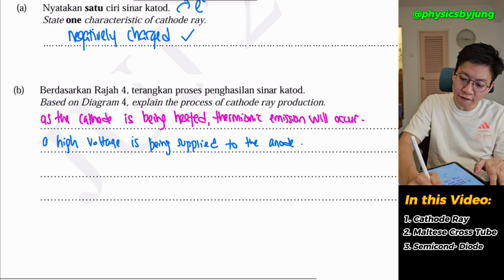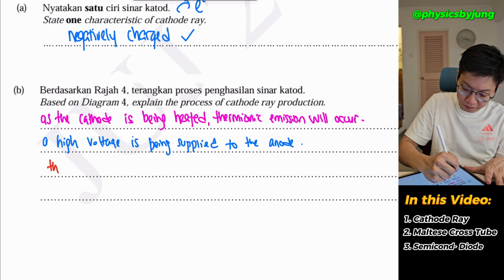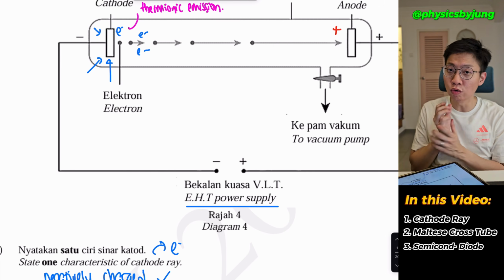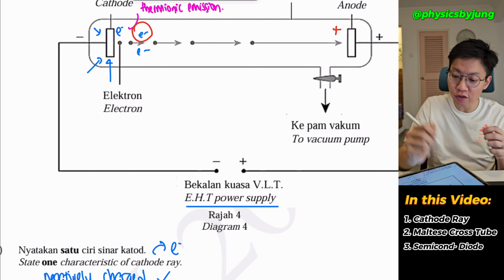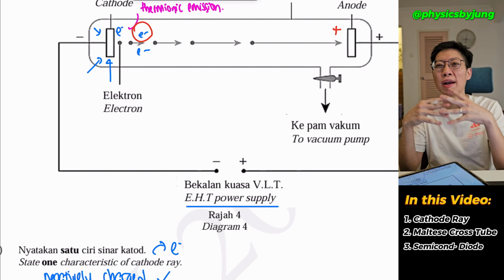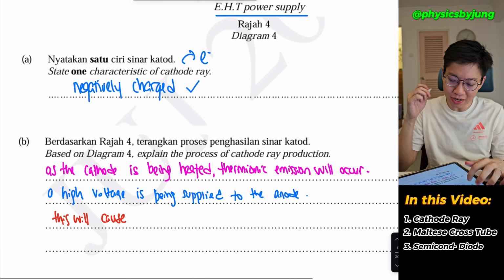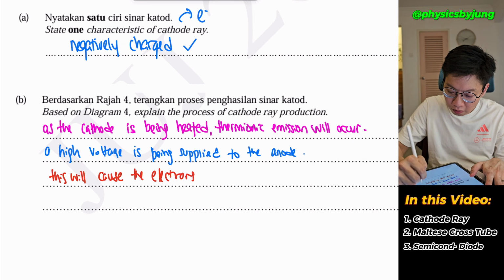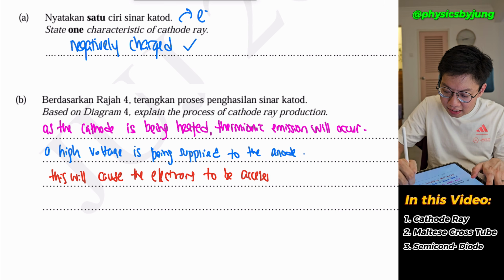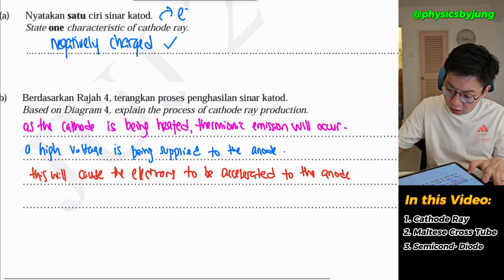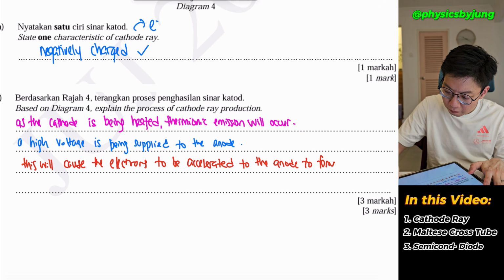Okay, so therefore this will cause, so if you have a positive voltage here, so therefore your electrons is negative, it will be pulled towards the positive plate. But rather than you just write pull is a very lousy word, we can say that this will cause the electrons to be accelerated to the anode to form your cathode rays.